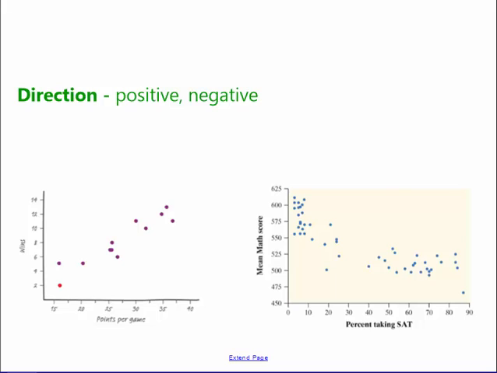On the right-hand side, we have the percent taking the SAT in a particular school on the x-axis, and the y-axis is the mean math score. Generally, as more and more students in a particular school take the SAT, you get lower average scores. So that's the vocabulary that you will need for this section, section 3.1.